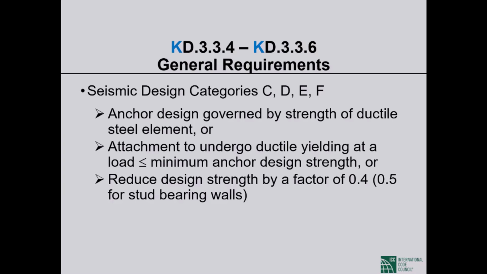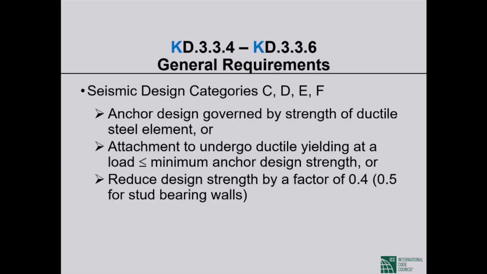Third choice is: forget about ductility, ductile anchor failure, designed for overstrength. You make your anchor so strong that you don't have to worry about the failure mode. So reduce design strength by an equivalent of phi equal to 0.4 rather than the usual 0.75 or something like that.